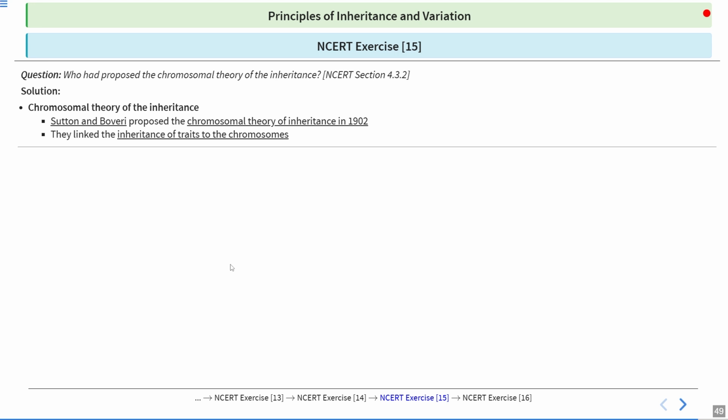They said chromosomes are the physical structure, you can see them, and genes are present on the chromosomes. So chromosomes are the physical structure by which we can explain Mendel's law of inheritance. Clear? So this was the chromosomal theory of inheritance given by Sutton and Boveri. You should remember the year also, 1902. In short, they linked the inheritance of traits which are controlled by the genes to the chromosomes.